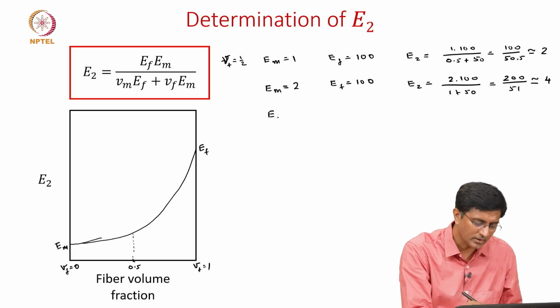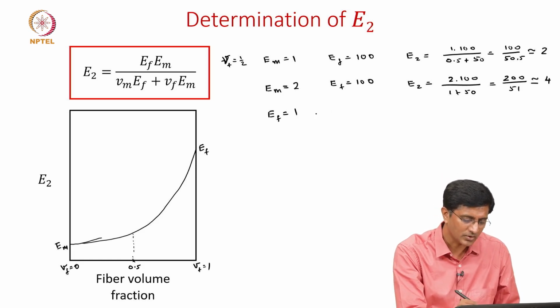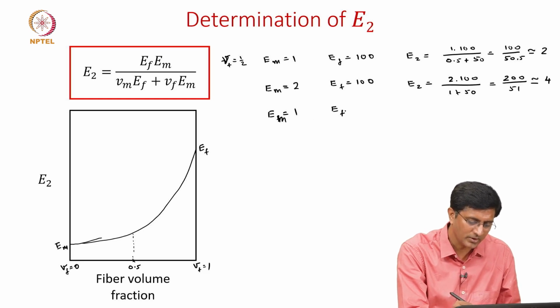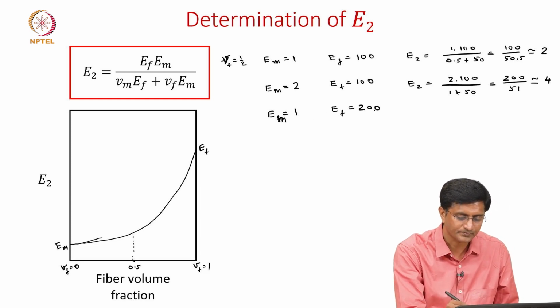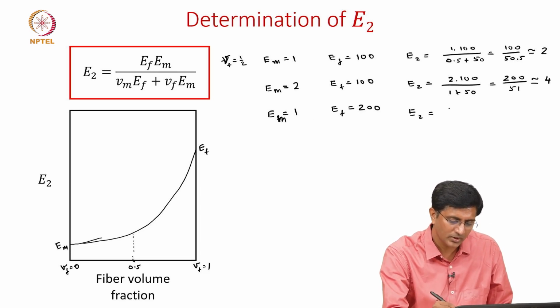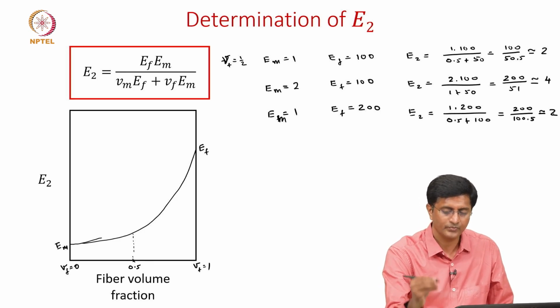Now let's keep the matrix properties the same, but change the fiber properties by doubling. Now once we try to find this E2 value, it should be 1 times 200 divided by half of 1 is 0.5 plus half of 200 is 100. So it should be 200 by 100.5, which is close to 2.